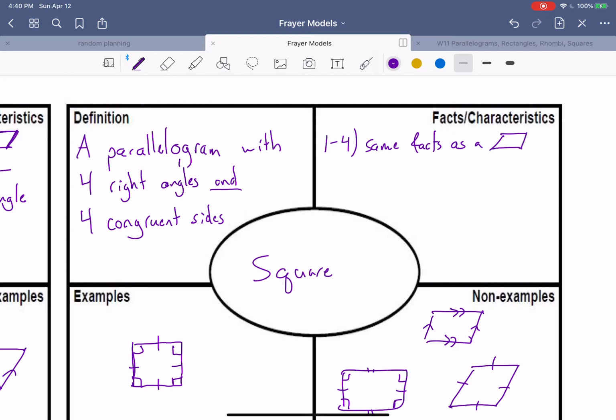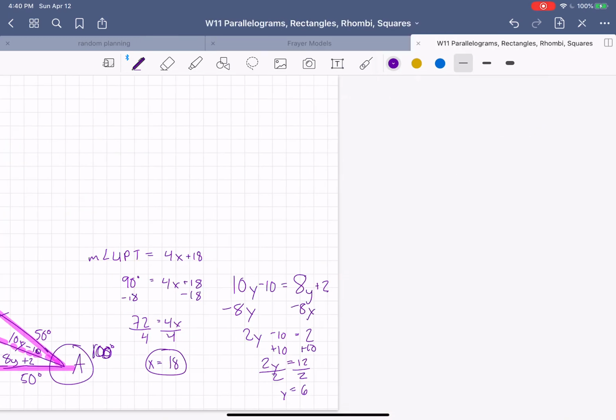It has 4 right angles, so it has the same facts as a rectangle. It's also 4 congruent sides, which means it's also a rhombus, so it has the same facts as a rhombus, right? So it has a lot of information.